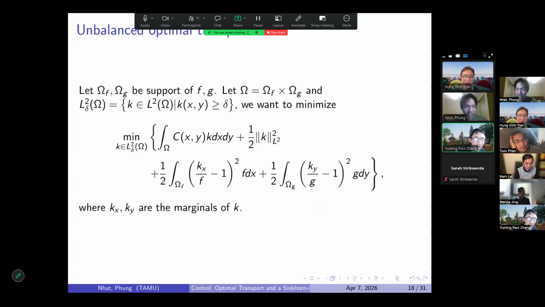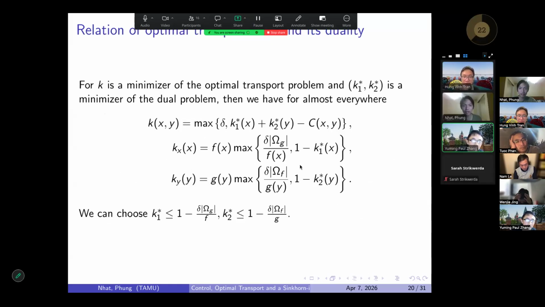So I was wondering, is the uniqueness coming from this minimization problem, or is this somehow standard? For the minimization problem, it might be unique, but only if we fix this condition as well.